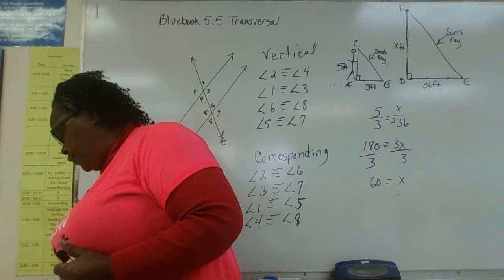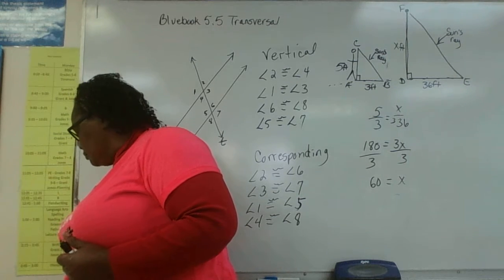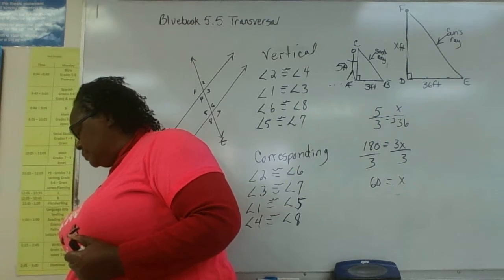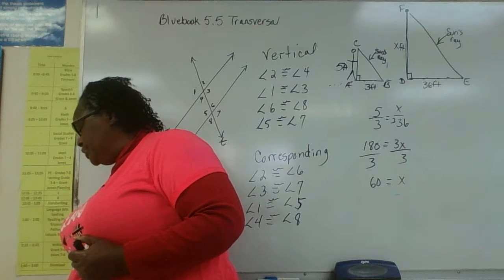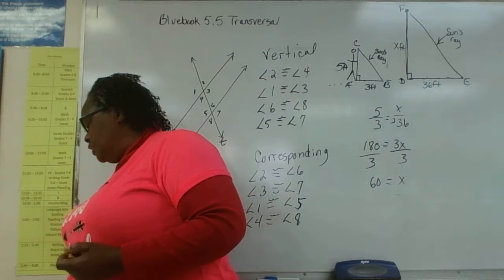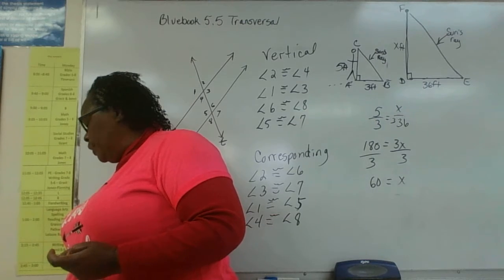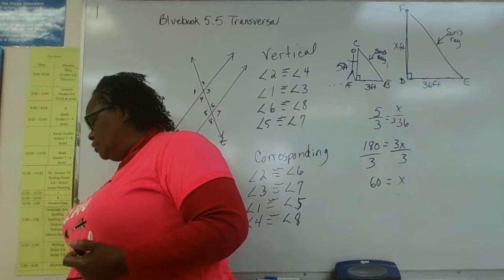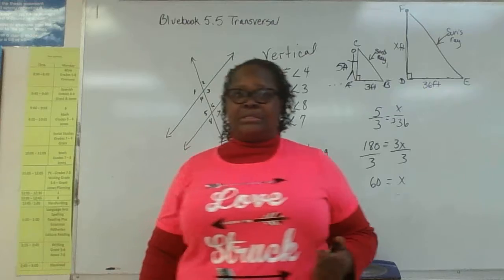Now, let's move forward. In the lesson, it talks about perpendicular. Lines in the same plane that do not intersect are called parallel lines. Lines that intersect at a right angle are called perpendicular lines.